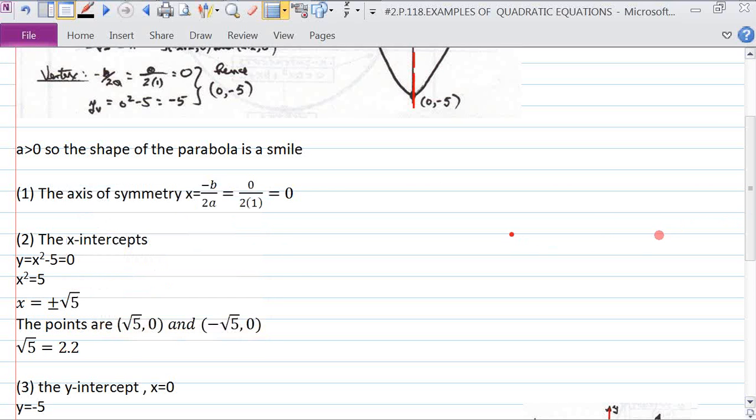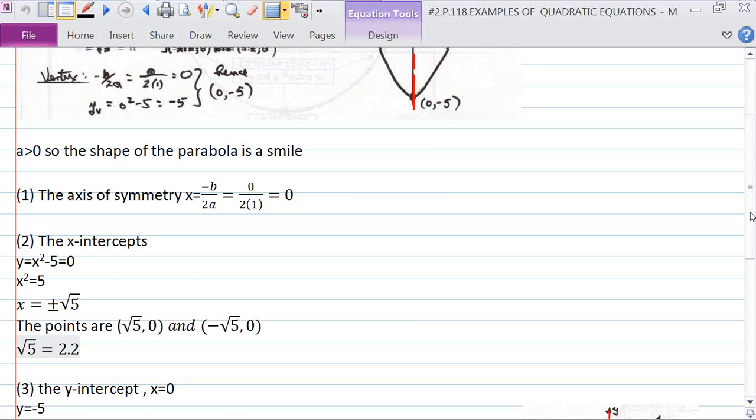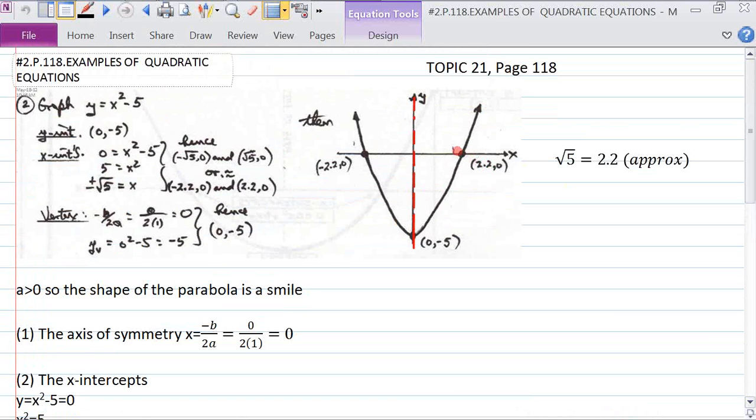So if you go over right over here, you can see that this is plus root 5, comma 0, and this is minus root 5, comma 0. So here's one x-intercept, here's another.